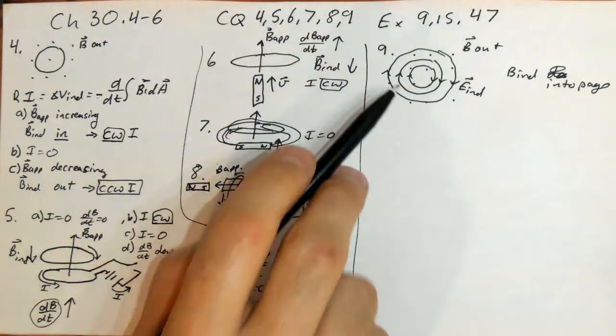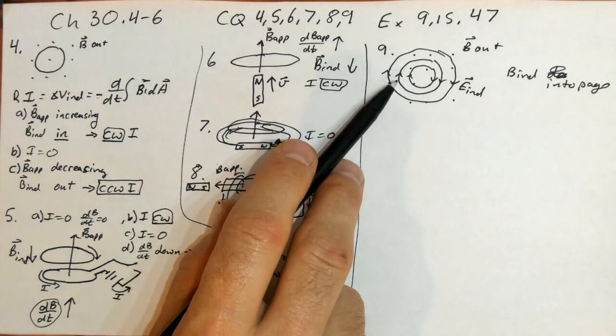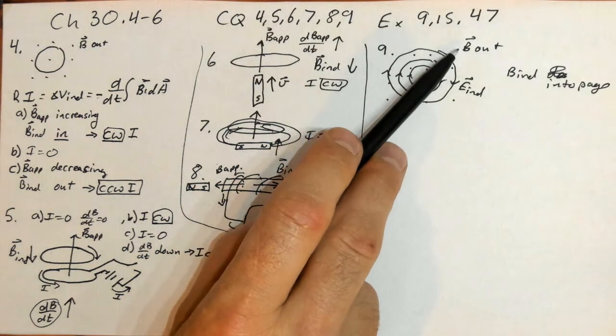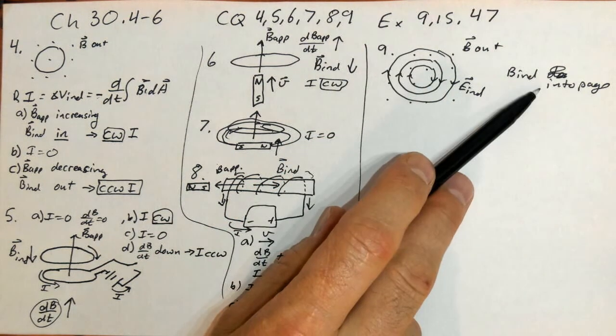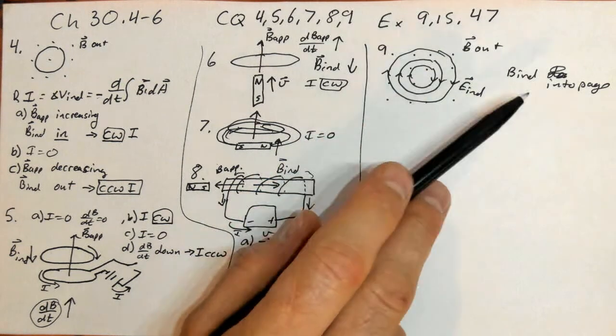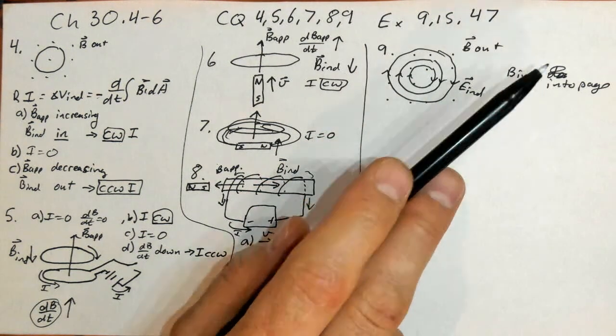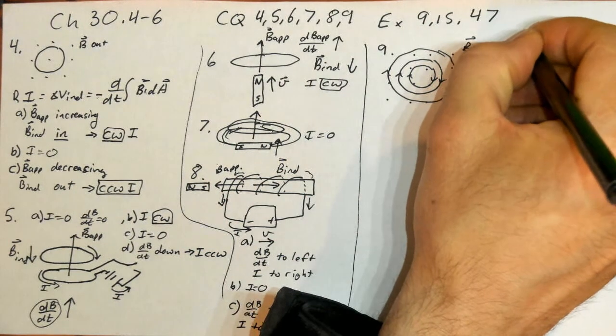And if that's true, that means this must be getting bigger, because this is trying to oppose the change in the applied field. And since this is down, that means the change must be up, and this was already pointing up, which means it must be increasing.